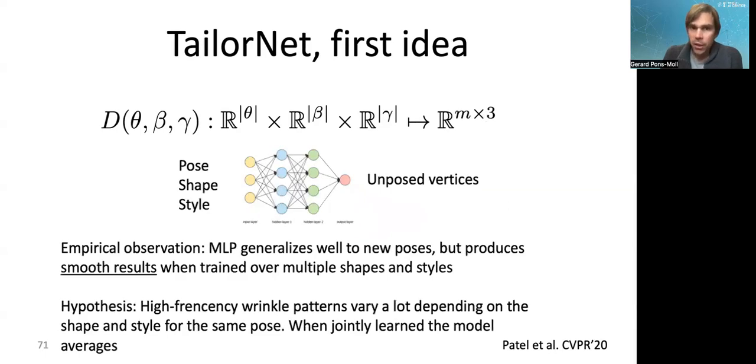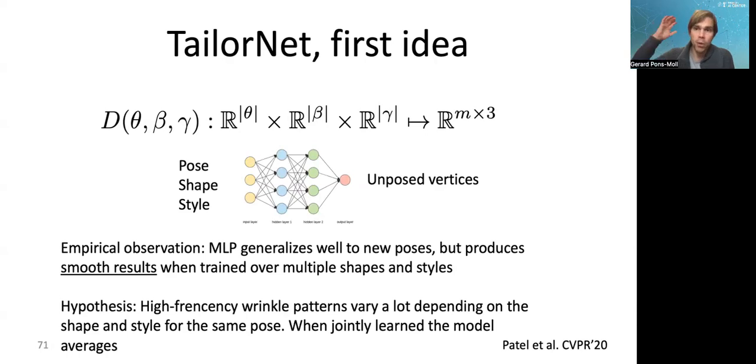Well, the empirical observation is that the MLP generalizes well to new poses, so that's good news, and this worked better than what we expected, but it produces overly smooth results when it's trained over multiple shapes and styles. So the hypothesis here is that this is happening because high-frequency wrinkle patterns vary a lot depending on the shape and style for the same pose.